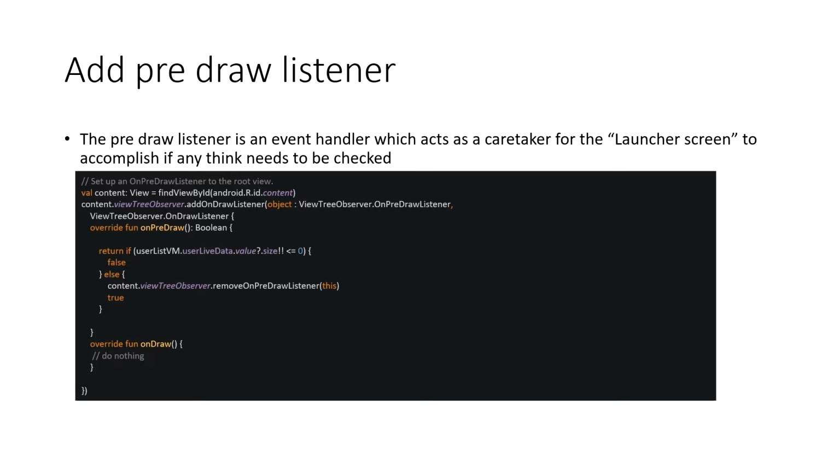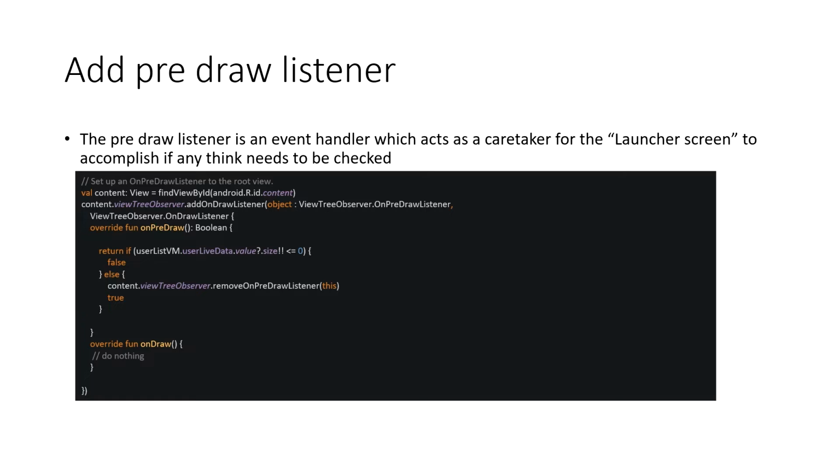Let's have a theoretical walkthrough of the pre-draw listener. As I already mentioned, the pre-draw listener is an event handler which acts as a caretaker for the launcher screen to accomplish if anything needs to be checked. First, we need to get the content root view of the landing screen in which we are going to work out this code, followed by which we have to add the listeners for pre-draw and on-draw.